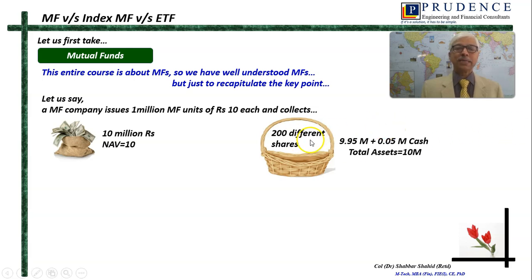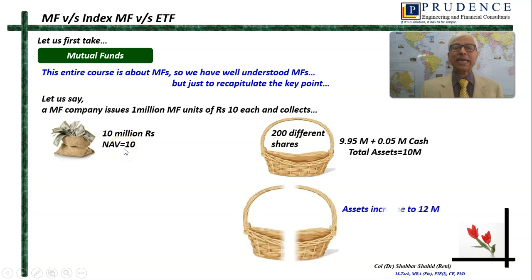And what happens? Each mutual fund unit has now a face value of 10 rupees. Let us say after a year, the value of the stocks in this basket has increased and the asset becomes 12 million from 10 million. So a 20% increase. What will happen to the net asset value of your mutual fund? That will also increase.